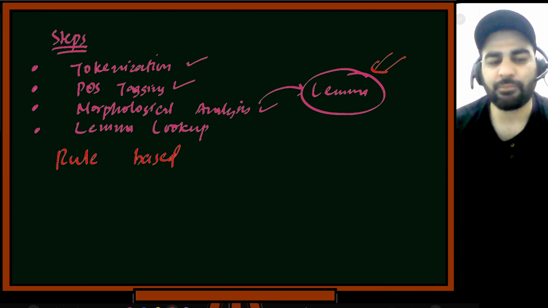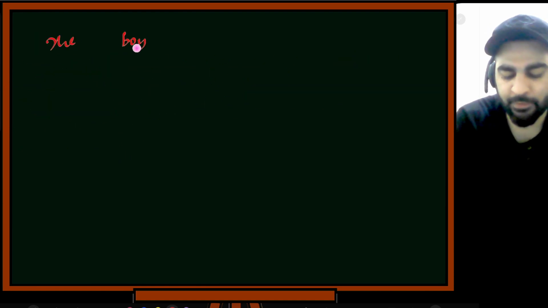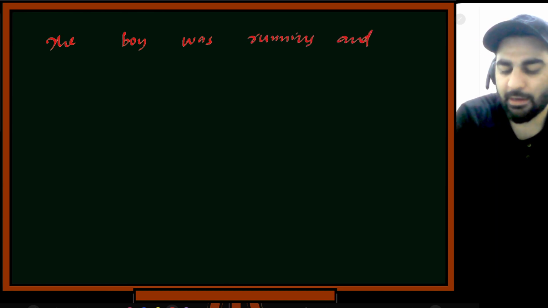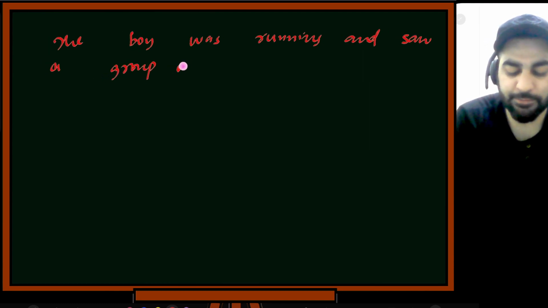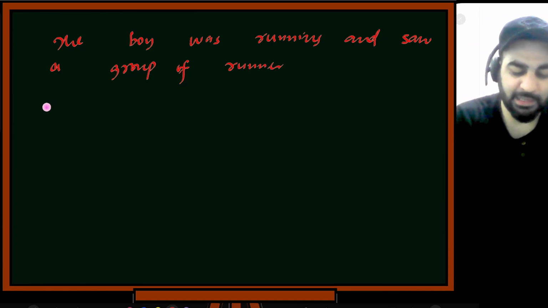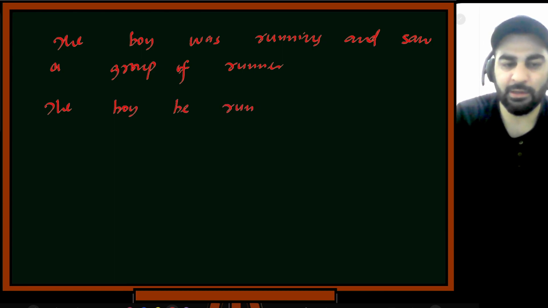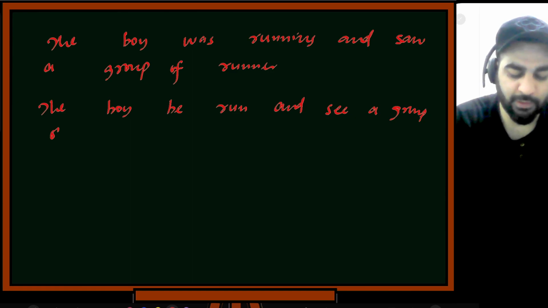Consider this sentence: the boy was running and saw a group of runners. When you apply lemmatization on it, it will be like this: the boy be run and see a group of runner.